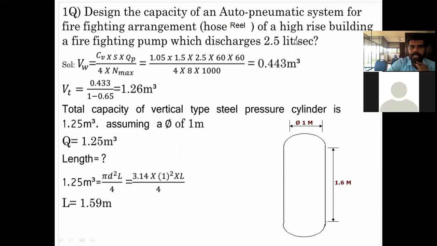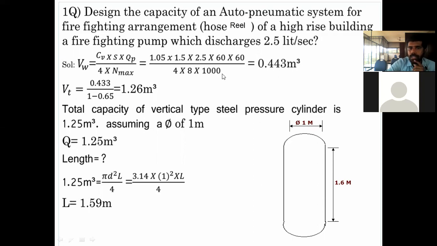Now QP is the discharge. It is given in liters per second only, so we have to convert it. This liter you have to convert into meter cube. 1 meter cube is equal to 1000 liters, so we have to divide by 1000 in order to convert to meter cube.